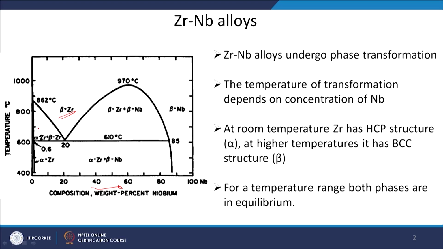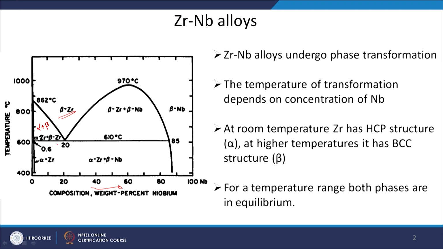There is a phase transition, and the two phases will be in equilibrium in a temperature range, and this temperature will change as a function of the percentage of niobium. So, you have two phases in equilibrium in this particular temperature range, from 600 to something between 800 and so.